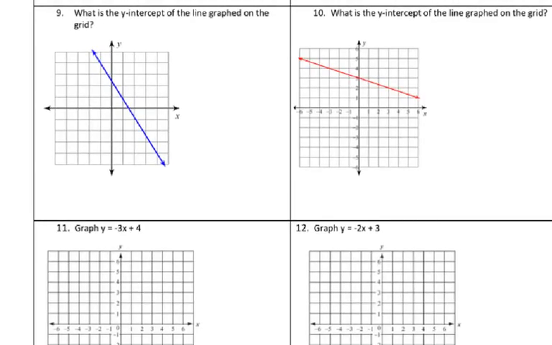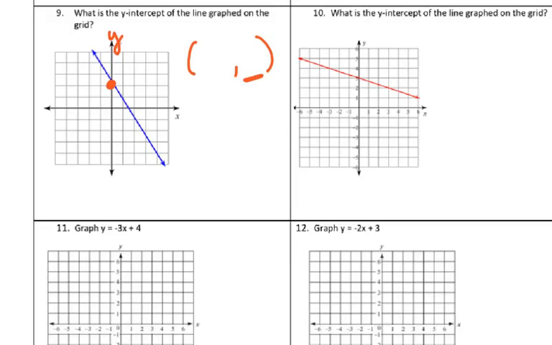Okay, number 9. Number 9 says, what is the y-intercept of the line graphed on the grid? So again, y-intercept, this is a terrible graph. I'm sorry, guys. We're going to pretend that that line was right here. What is the y-intercept of the line that is graphed on the grid? So here's my y-axis. My y-intercept, we said, sits in the y spot of the ordered pair.